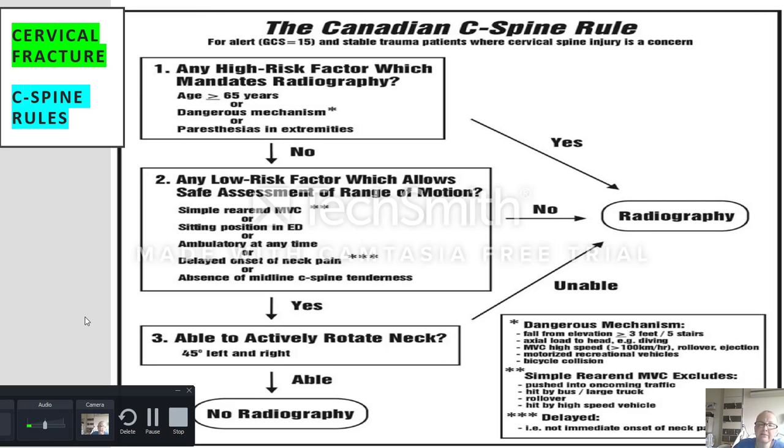And a dangerous mechanism where they talked about up here, dangerous mechanism in 1, that would be a fall from an elevation of more than 3 feet, 5 stairs, an axial load to the head, diving, motor vehicle accident, high speed, greater than 100 miles per hour, rollover or ejection, motorized recreational vehicles, and a bicycle collision.